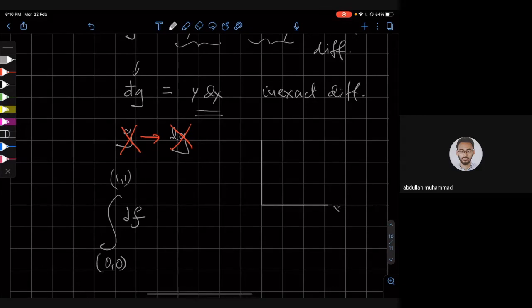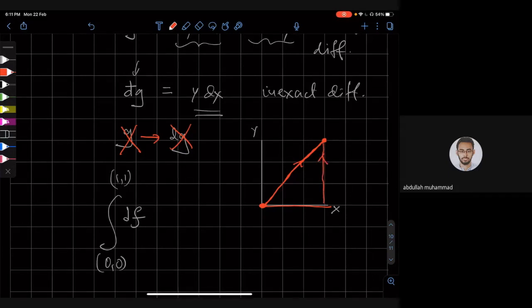This is x, this is y, and I'm starting from the 0,0 point and getting to the 1,1 point. And we can go to it in many different ways. For example, let's take the path where you go like this, and then there's another path where you can go like this, and then like this.